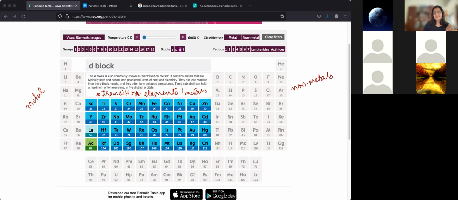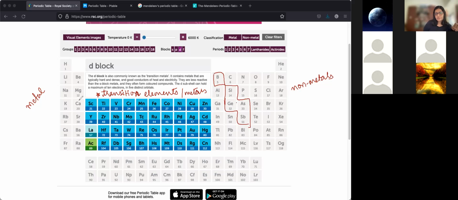And metalloids, you will find over here. So these are your metalloids. Antimony is a metalloid. You have boron, silicon, arsenic. These are your metalloids, in between.